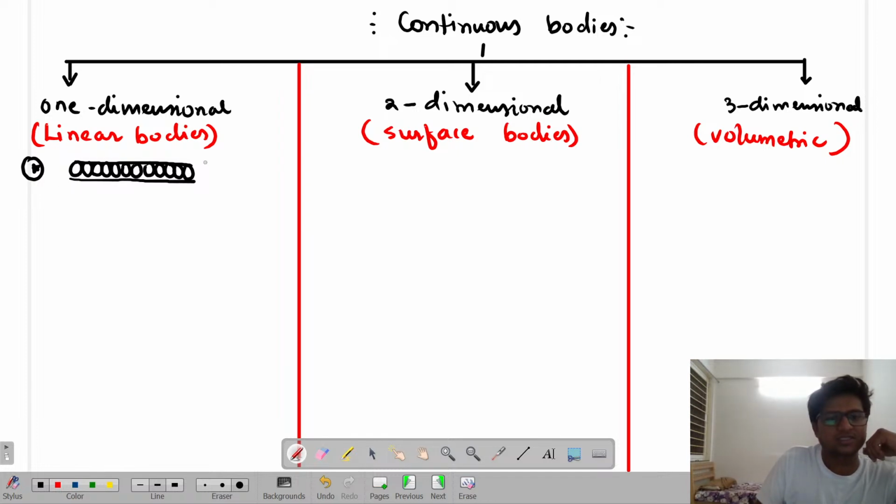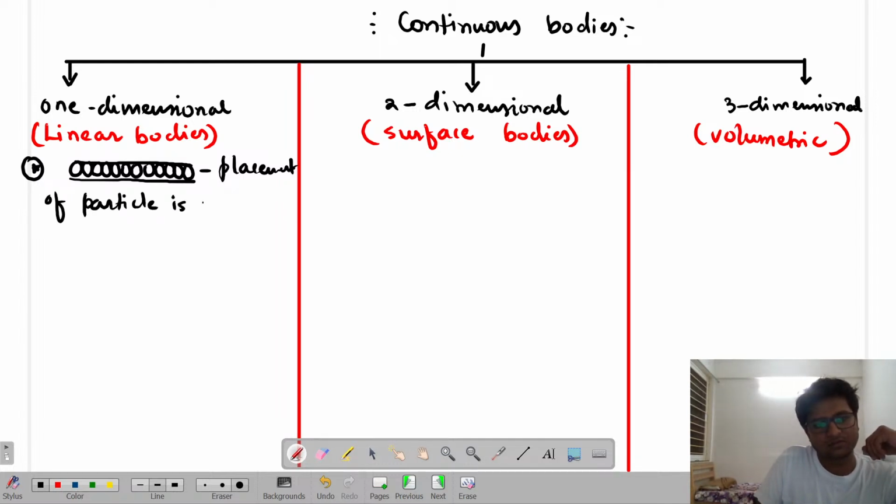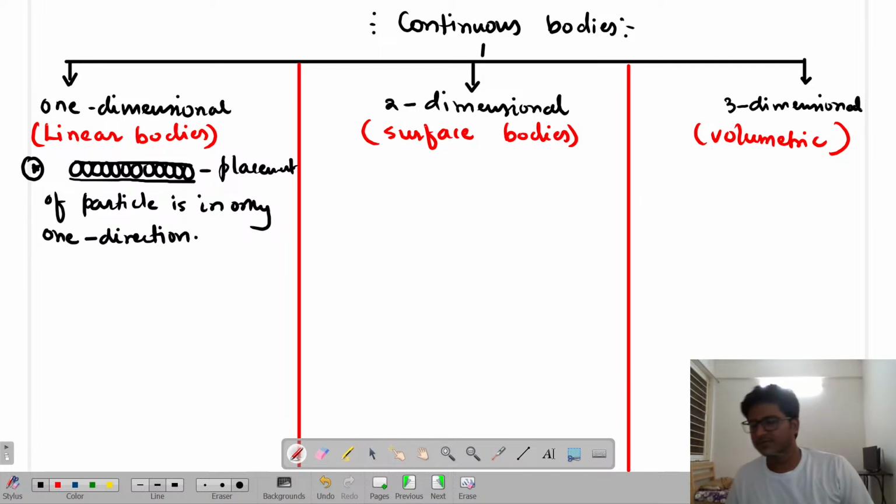And that is why we call these kind of bodies linear, because the placement of particles is in only one direction. Are you able to get me or not?